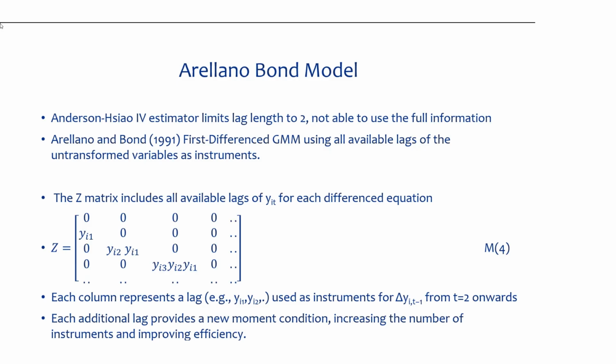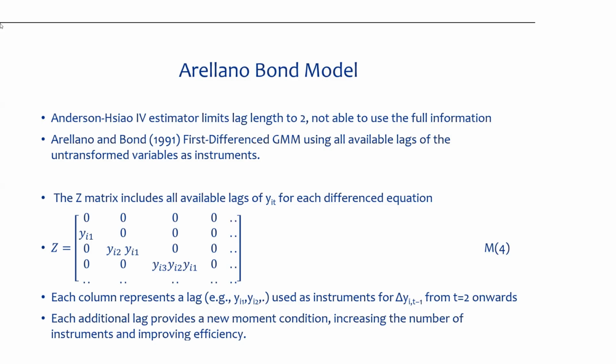And what they do is, instead of just using the second period lag, they start using all the available lags of the untransformed variables. They bring more lags into the picture. So the Z matrix, which was like yi1, 0, 0, 0, 0, now uses more lags.